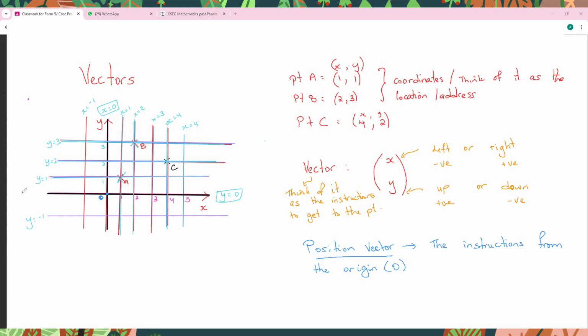So we call that the origin. So it's the instructions from the origin to the point.